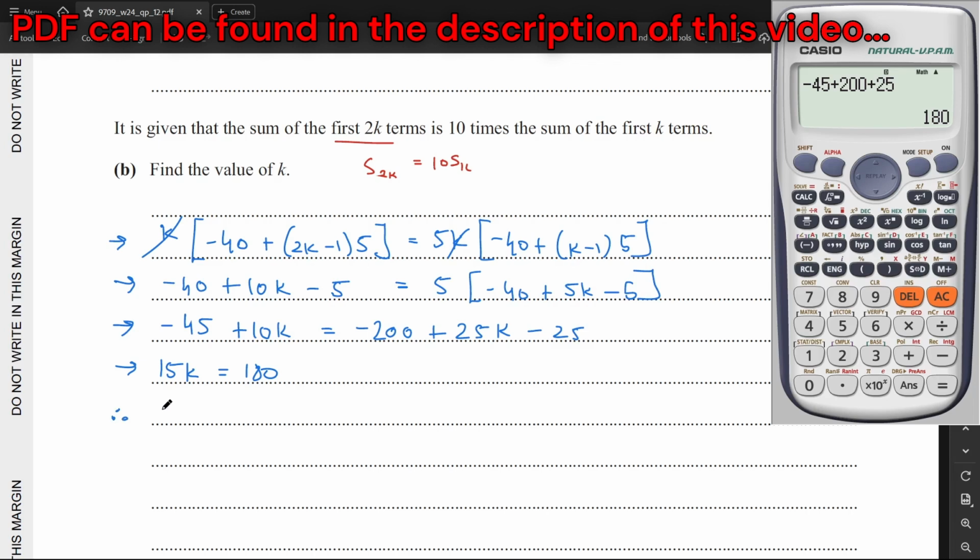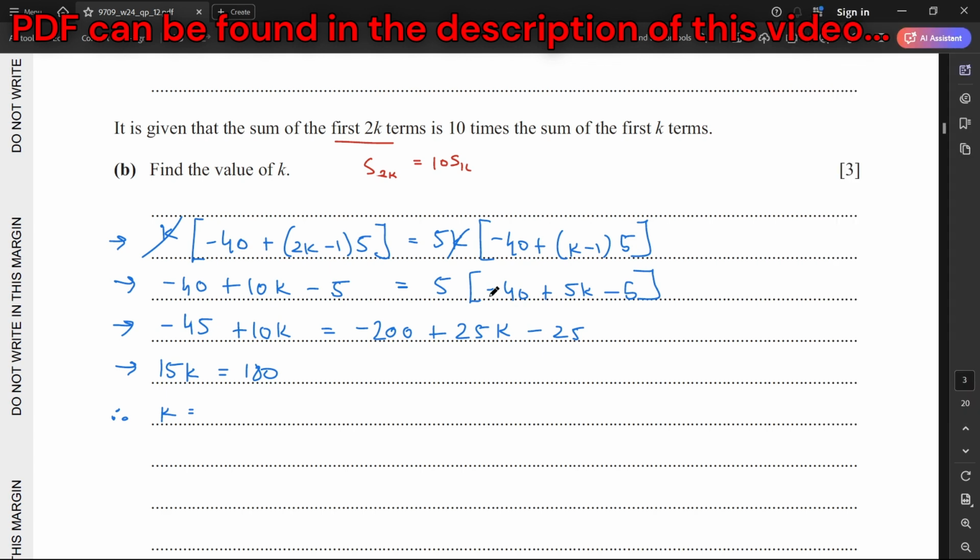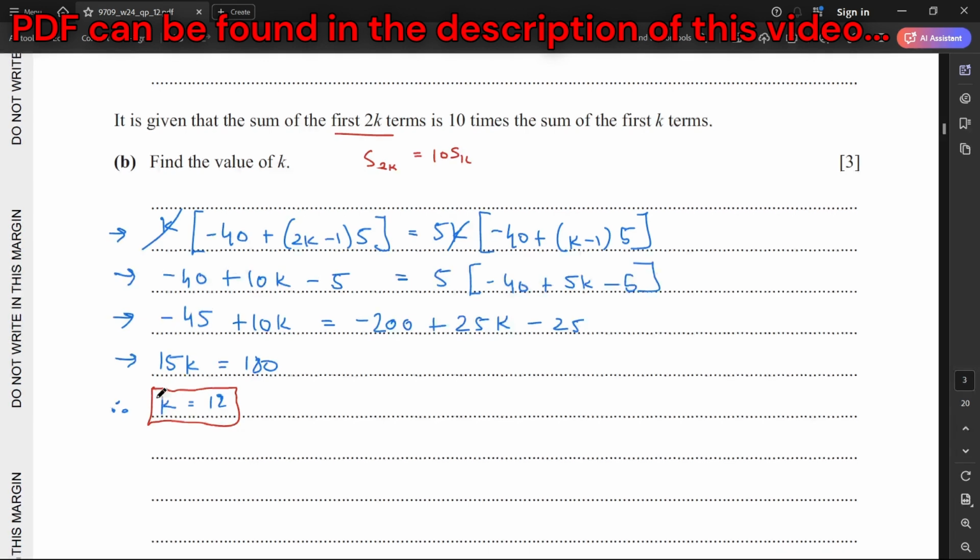And therefore if I do 180 over 15, it gives me 12, and therefore the value of k that will come is 12. That's my final answer for part B of question 2.